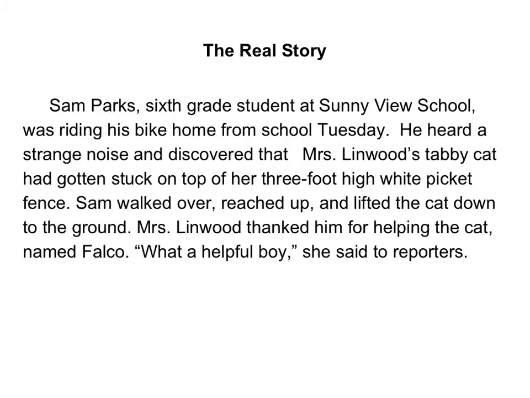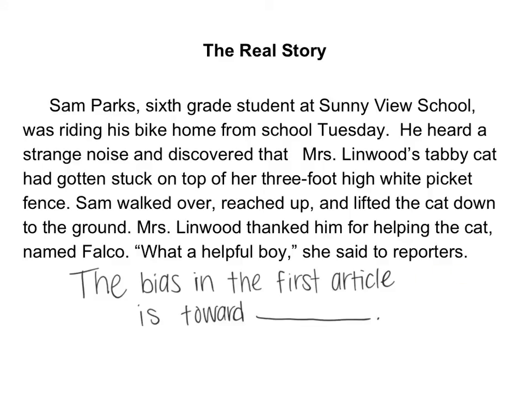So now you are going to finish this sentence to your partner. So here's the real story. Thinking about the first one we read, there was a really obvious opinion from the author, what the author thought. So you're going to think about that first article we read and think, what was the author's opinion?